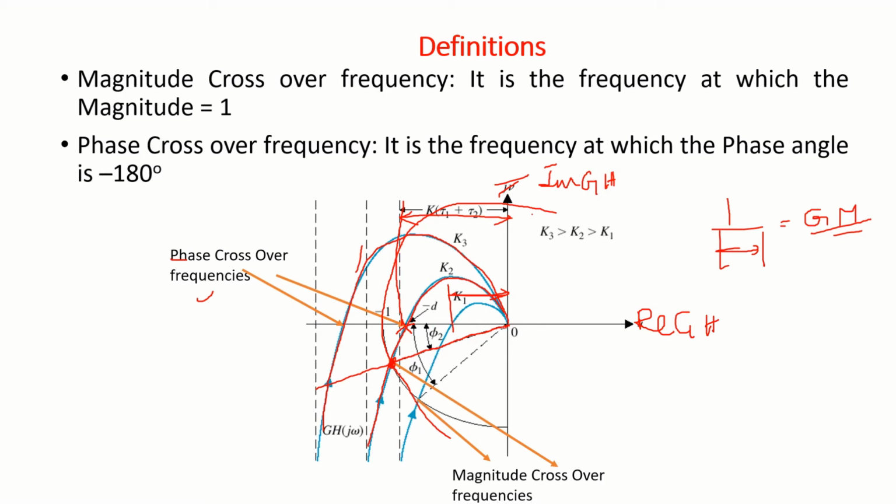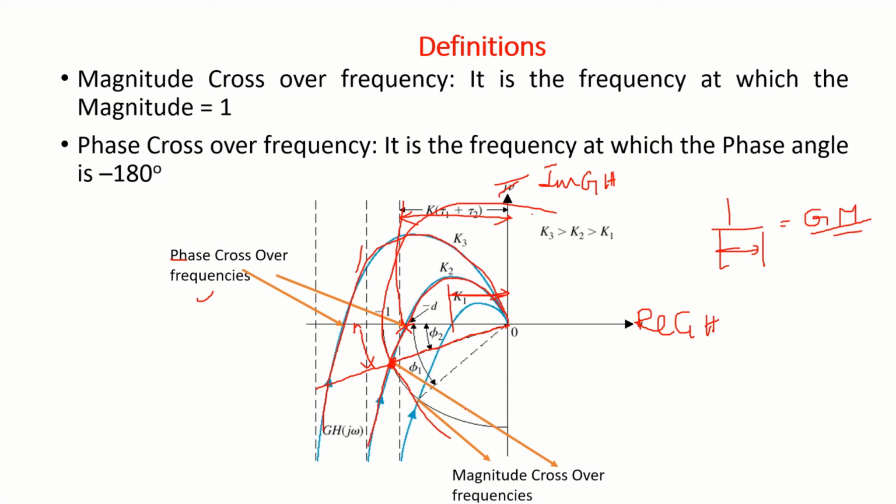Similarly, whatever angle you measure here is what we call the phase margin. So we call it a positive gain margin and positive phase margin. Suppose you get it the other way, you call it a negative gain margin and negative phase margin. So this is relative stability. If the gain margin is very, very small, it is about to become unstable.